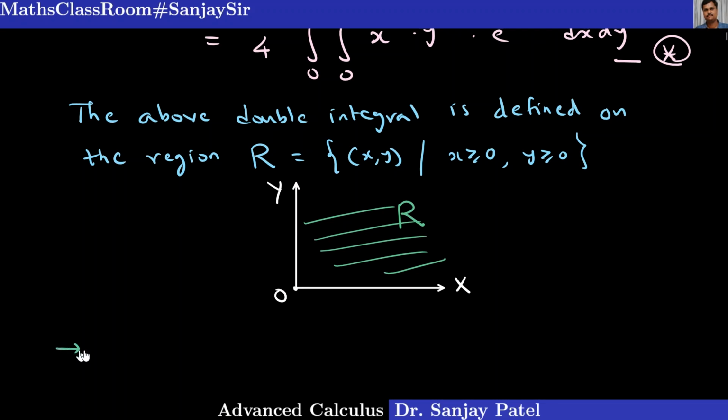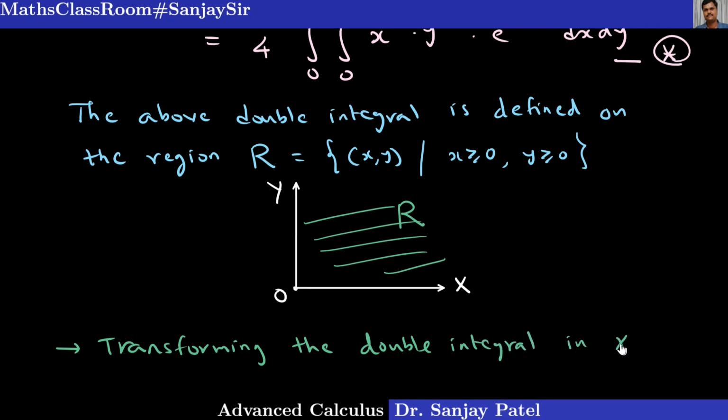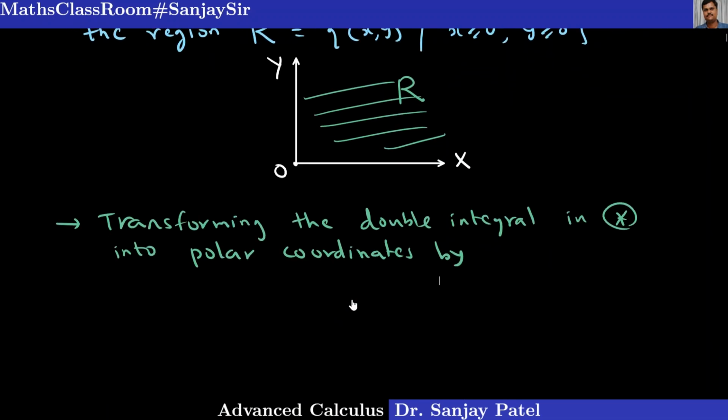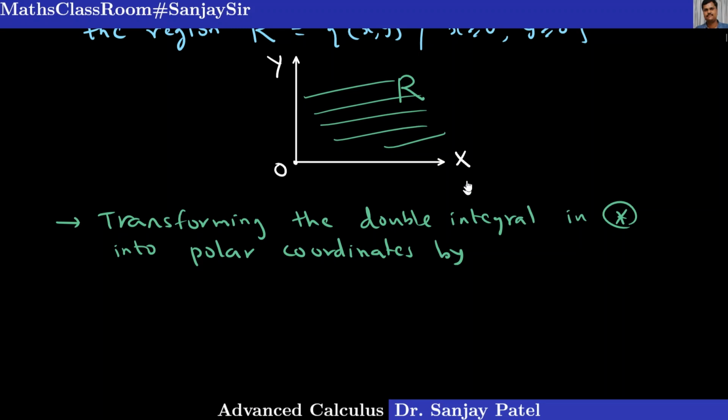So transforming the double integral in star into polar coordinates, you know the relationship between the Cartesian and the polar coordinates.